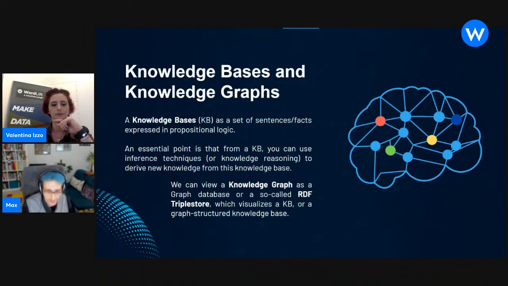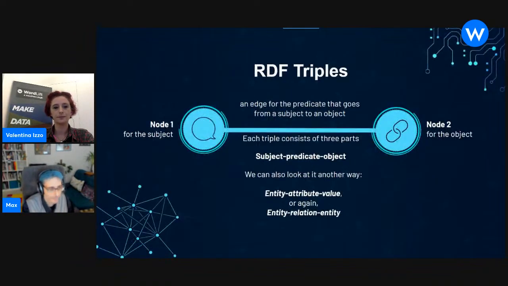What's RDF? RDF is the Resource Description Framework. It's a standard proposed by W3C and describing how to exchange and reuse structured data to enable semantic interoperability among different applications that share information on the web.